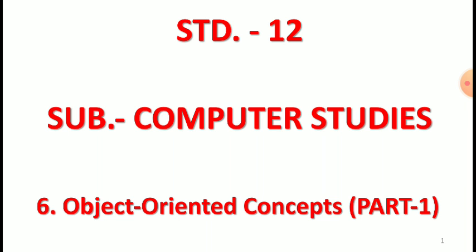Some of the computer programming languages that support object-oriented programming are C++, Java, C Sharp, VB.NET, ASP.NET, and PHP. The way of programming can be divided into two categories, namely structured or procedural, and object oriented.